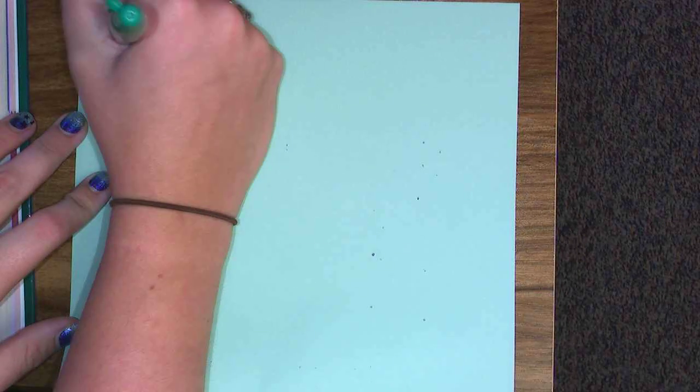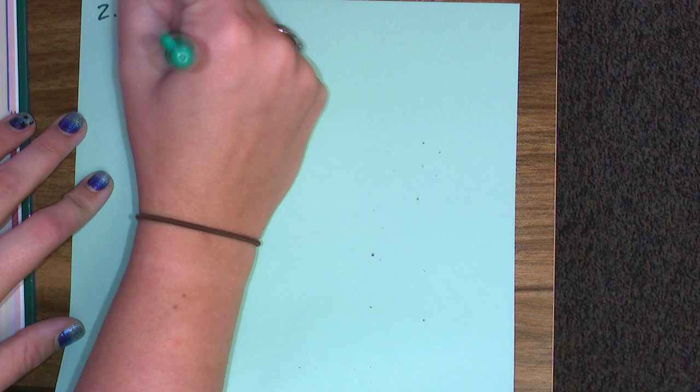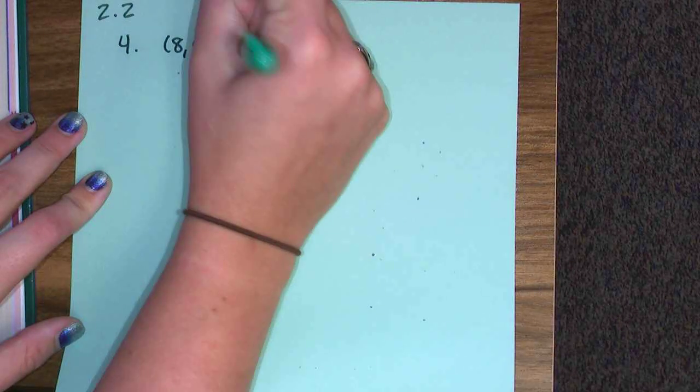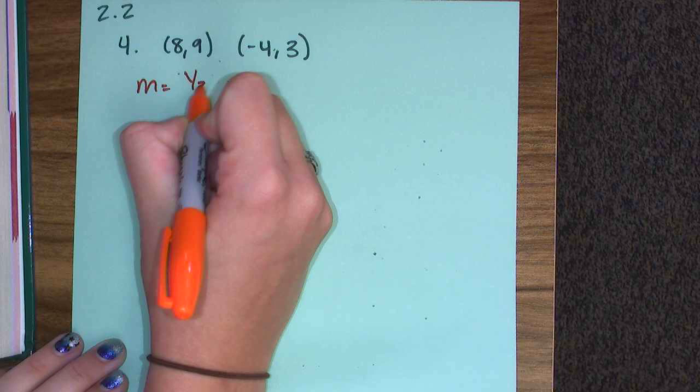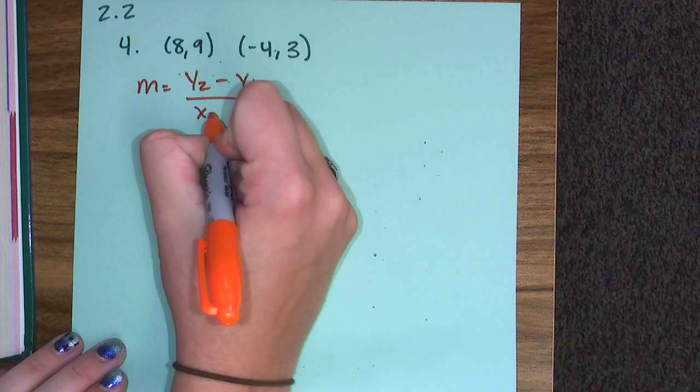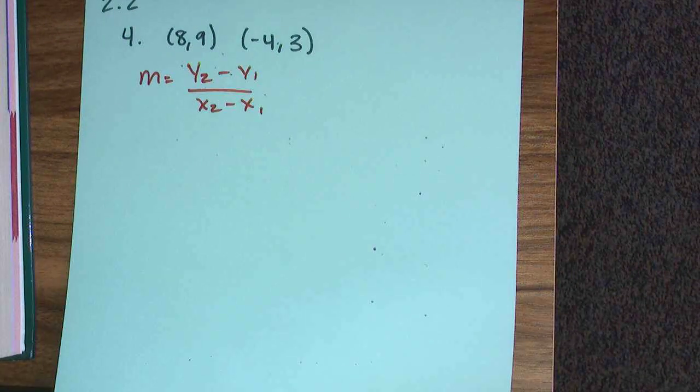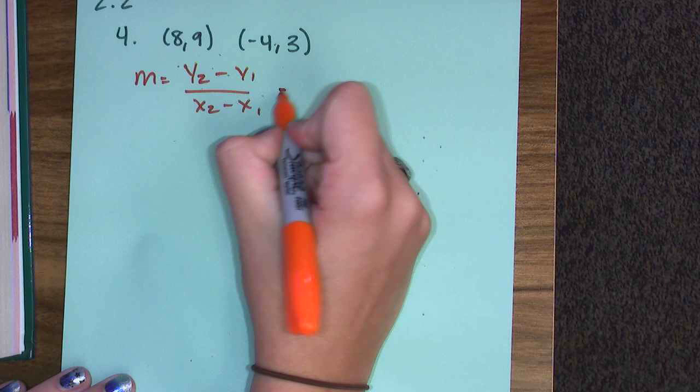number 4. It gives you the coordinates (8, 9) and (-4, 3). What was my formula for slope? Okay, you don't have to write the formula out like that every time. I'm just writing it for the first time while we're getting used to it, and then we'll just start using it just by plugging in numbers.